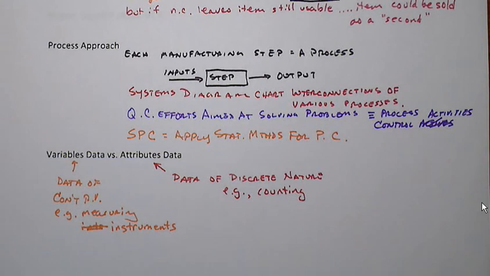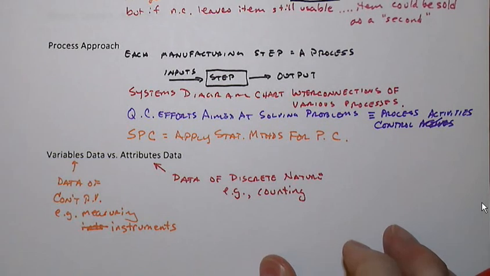How many total number of defects, or how many total number of blemishes do we have in that shirt? And is it feasible that to go to seconds we might say, well, we can have fewer than 3 blemishes, and we'll call that a second, 1, 2, or 3. But if we have more than that, then we'll automatically call that a defect and destroy the product. Right? So those are also important sets of terminology to be aware of and to be thinking about.